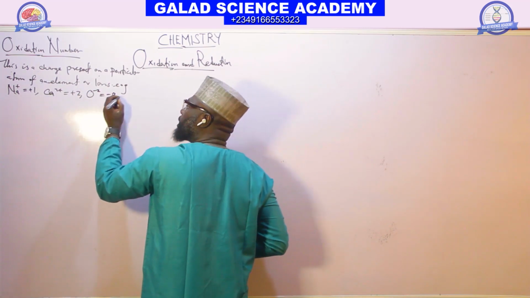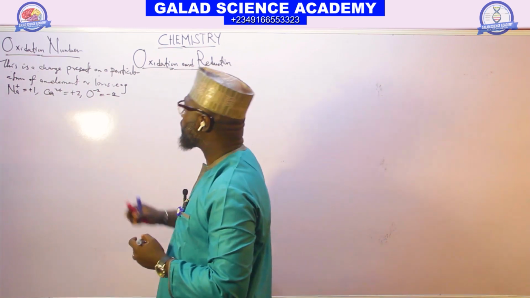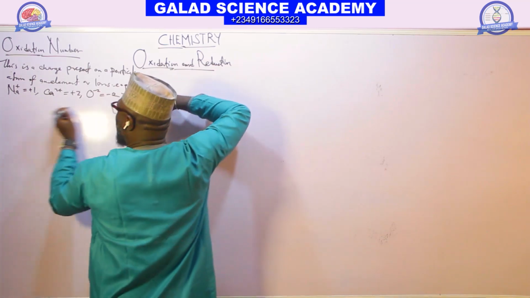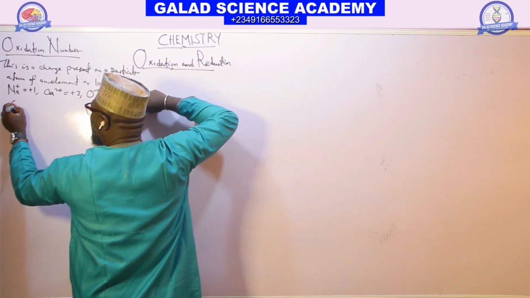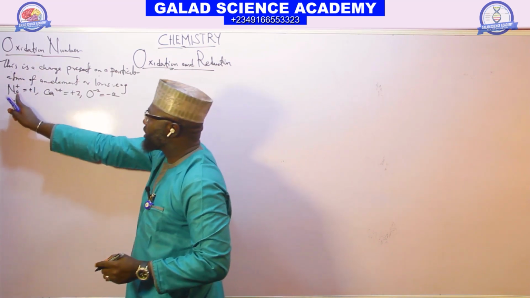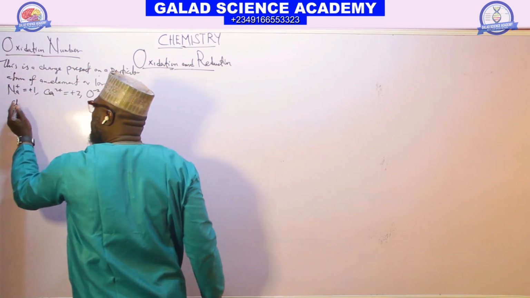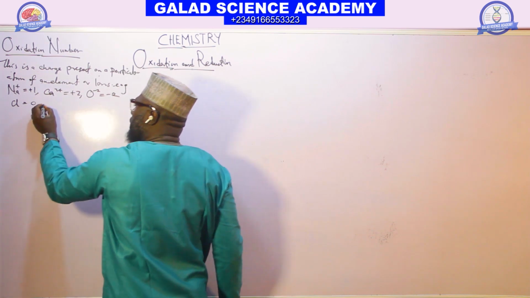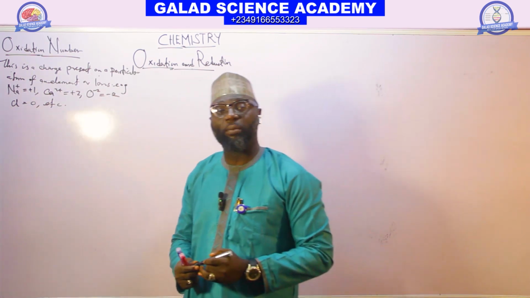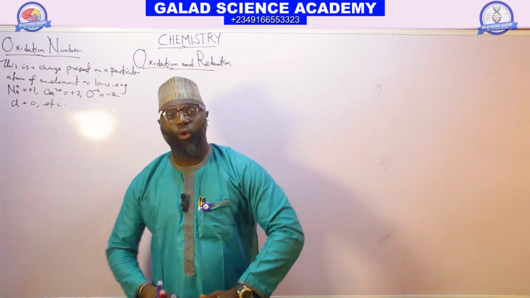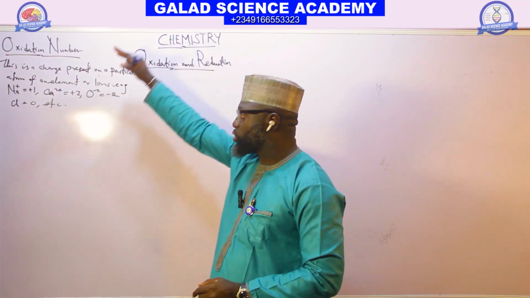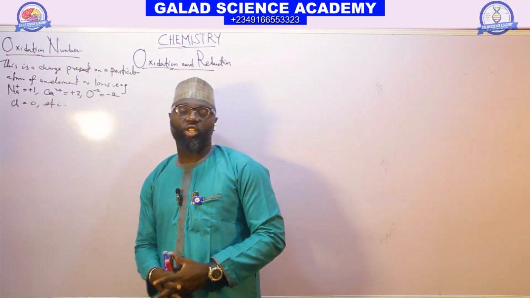So the charge that is present on a particular atom or ion is called oxidation number. Let me put one neutral atom. If you have chlorine, this chlorine is an atom, it's neutral. The oxidation number of this chlorine is 0. So the charge that is present on a particular atom, we call it oxidation number.